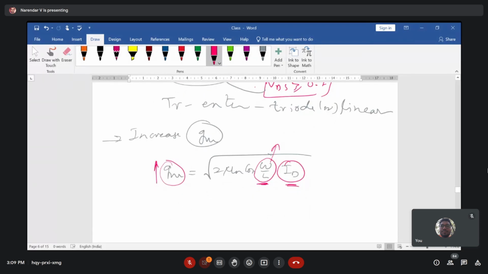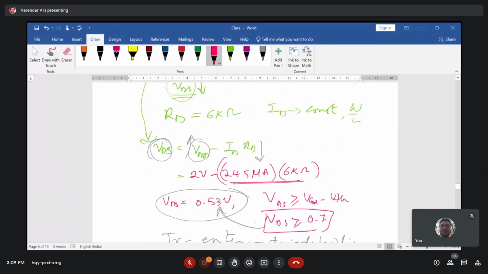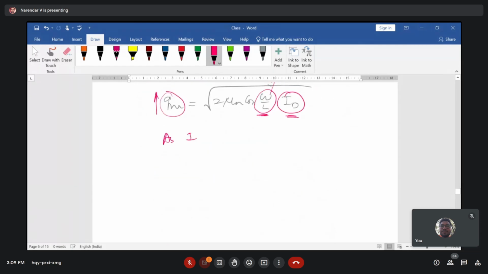If ID goes higher, it again results in the transistor entering the linear region of operation. As you notice in this formula, as ID increases, VDS, which is VDD minus ID times RD, drops. Either an increment in RD or an increment in ID results in the same factor, because they are a multiplication of both, so the VDS value drops down.